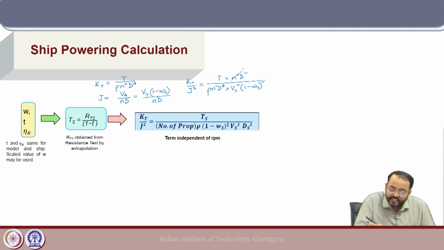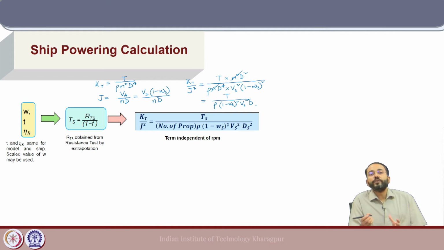And we see that the n square terms cancel each other, and we can get from this T by rho (1 minus wake fraction) square Vs square D square.